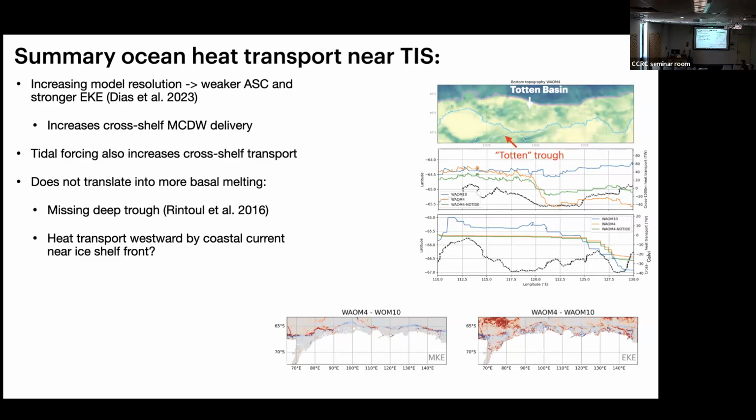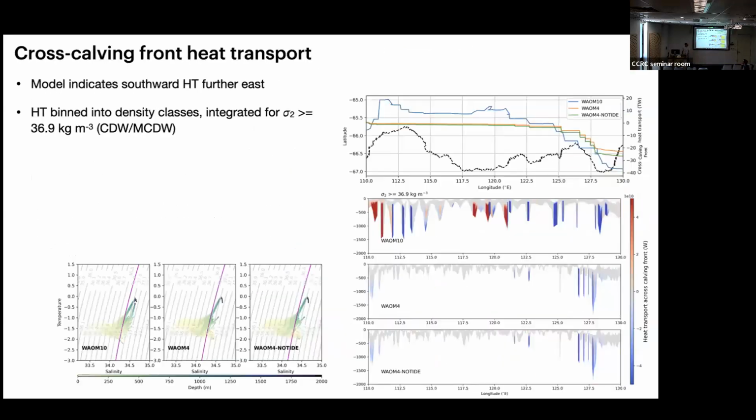Thanks, Fabio. That's a great talk. I was just wondering why, in the figures showing the heat transport north and south across the carving front, or the ice shelf, in the different resolutions, you didn't have the deep troughs in the higher resolution simulation.